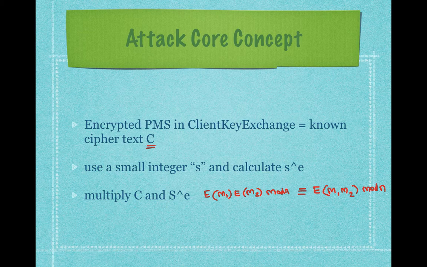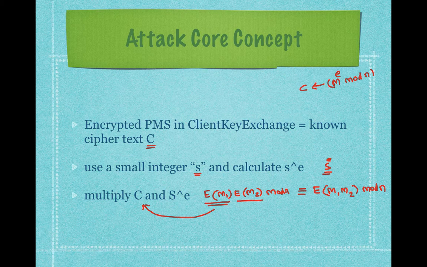Now let us say the first encrypted cipher is nothing but your C here. You take a small integer s and raise it to the power e. In RSA, if you take a message and raise it to the power e under mod n, that is nothing but equivalent to encryption. That means if you write this integer to the power e, it is equivalent to encrypting the value s.